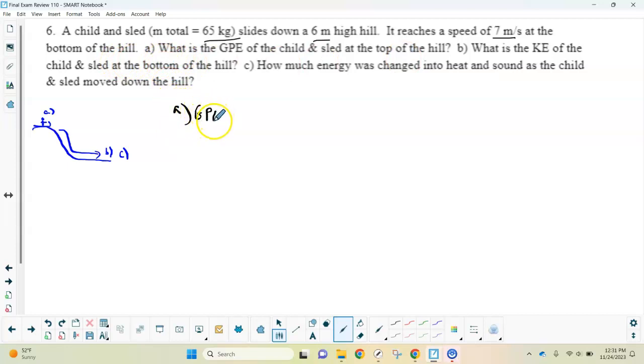So the GPE at point A would be the mass times the gravity times the height when it's at height of A. So the mass was 65. We're going to multiply that by 9.8. And then we're going to multiply it by the height, which is 6. So if you do that, I got 3,822.